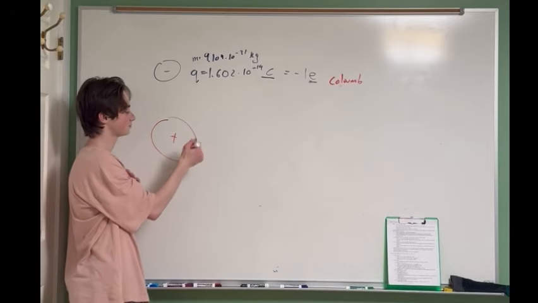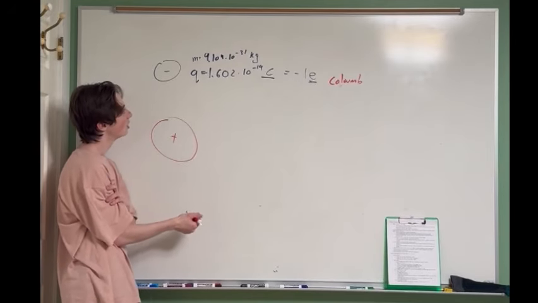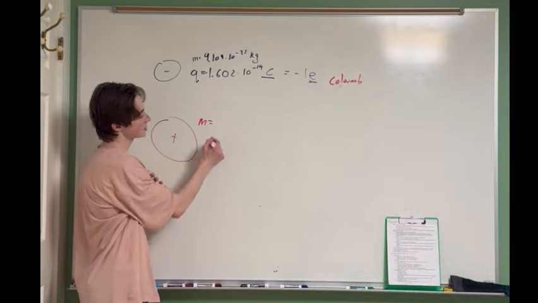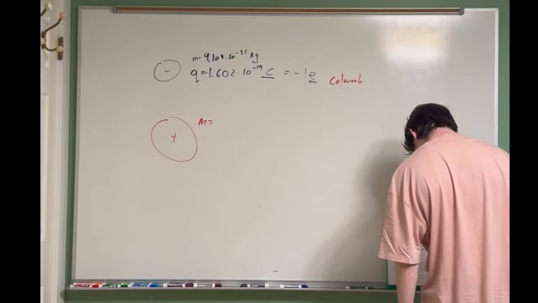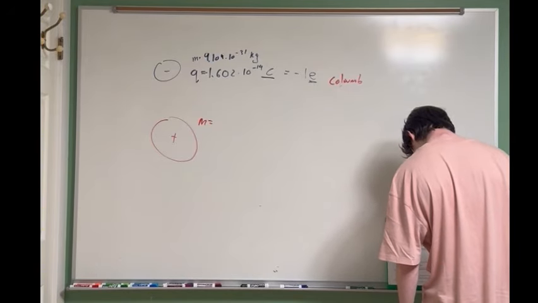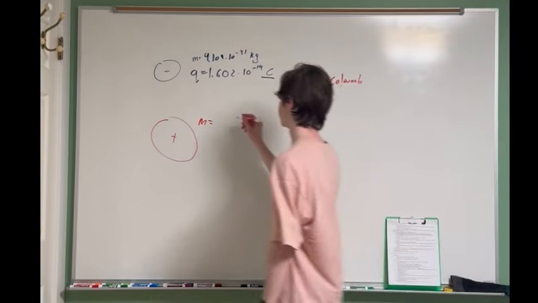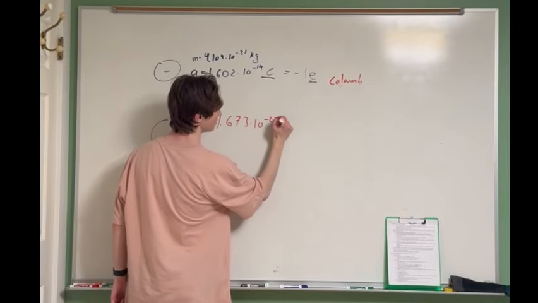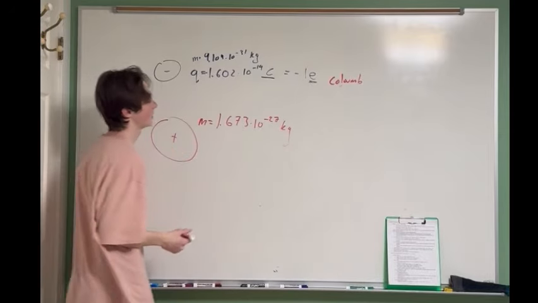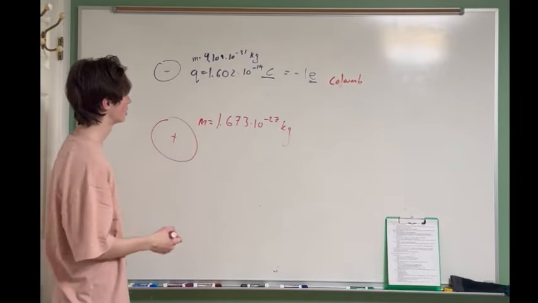Next we have a proton. A proton has a mass of 1.673 times 10 to the negative 27 kilograms, so this is like 2,000 times bigger than an electron.